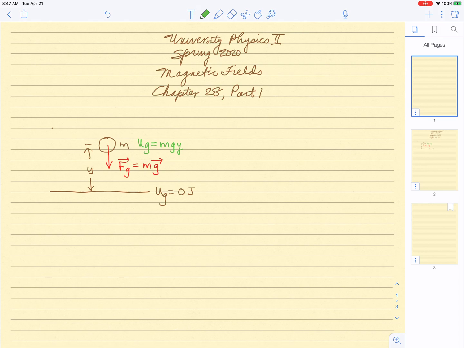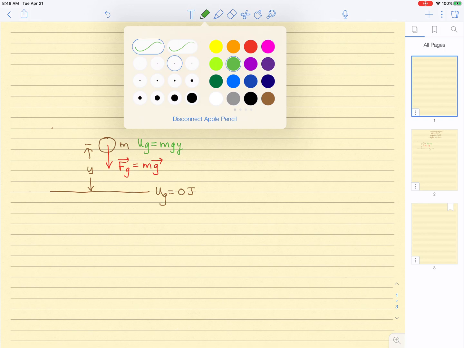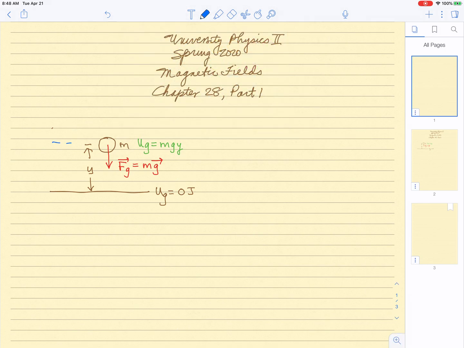And we can talk about lines of equipotential and all kinds of things that we previously discovered and used by analogy when we were talking about electrical phenomena, right?